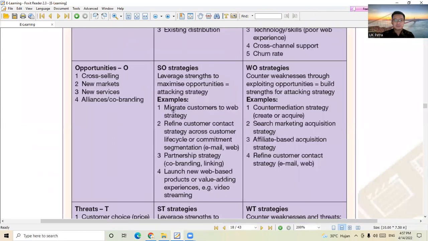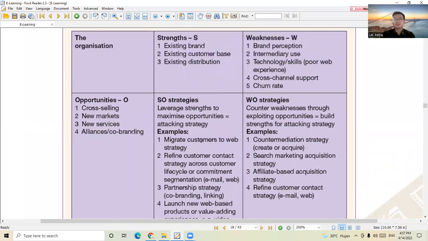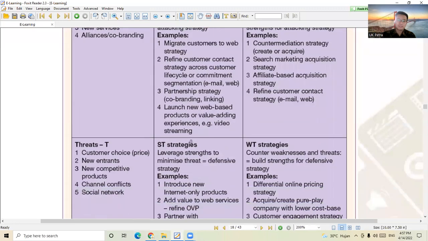For instance, migrate customers to web strategies, the partnership, launch new web base, and so on and so forth. You can read by yourself what kind of strategies are in each cell, WO, SO, ST, or WT.